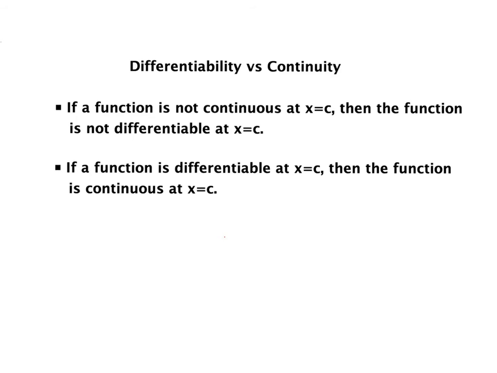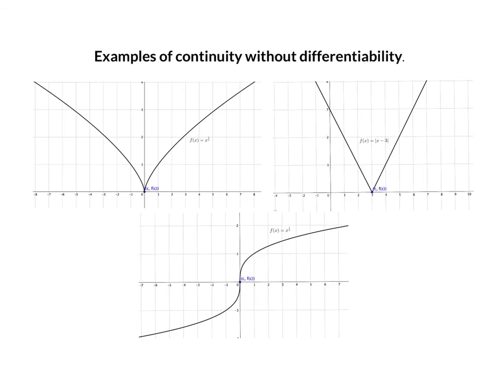We have cases that are continuous and not differentiable, and we've seen some examples in today's episode. Here's a graphical look at some of the examples we saw. So the examples that we see here are examples where we have continuity, but we do not have differentiability. Our first example is what we call a cusp.